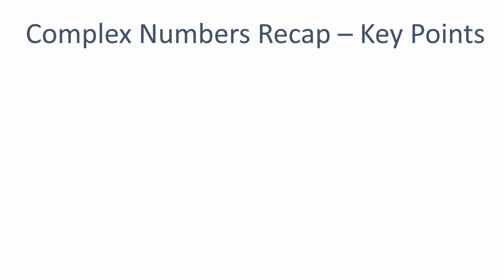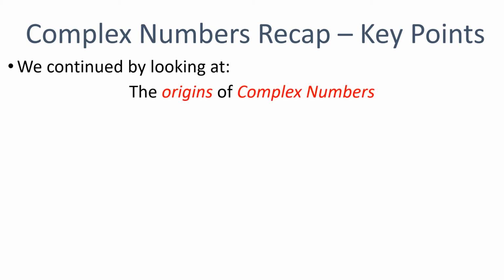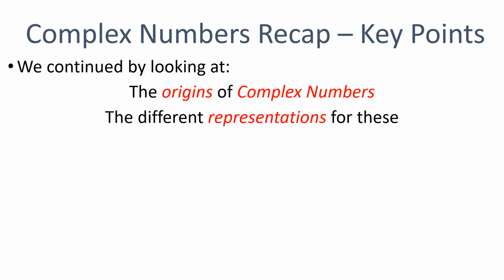We went on to look at complex numbers, and we saw, first of all, how this notion of complex numbers arose, because there are certain polynomials with real coefficients whose roots, however, could not be expressed as real numbers. We looked at the different representation forms that have been used to describe complex numbers.